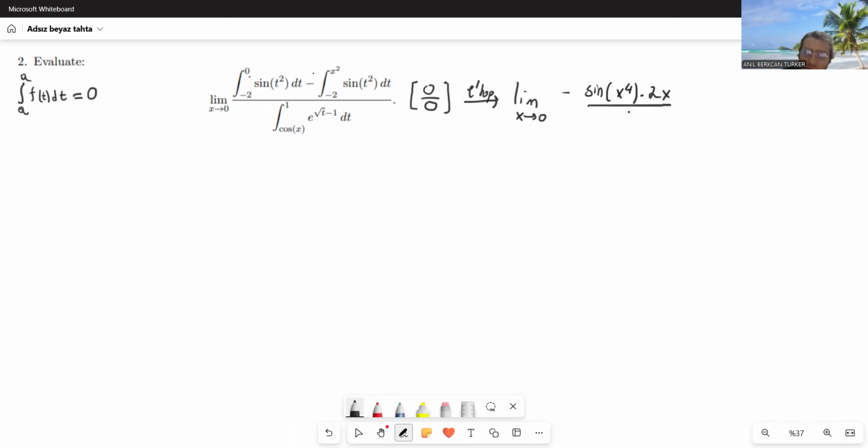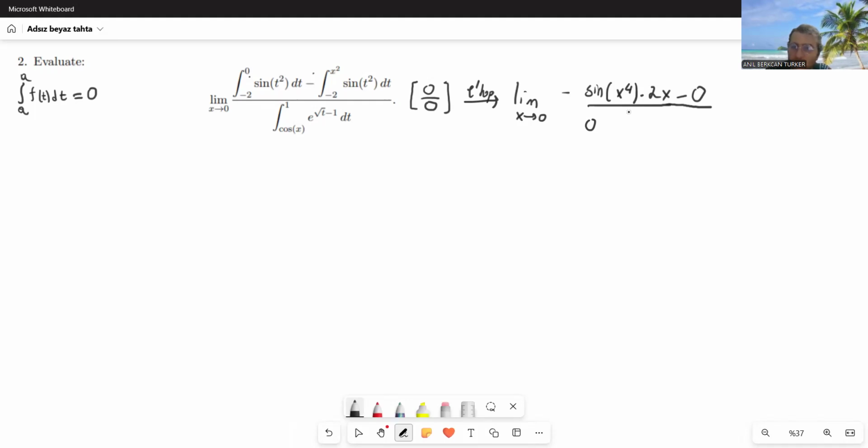Divided by, let's apply the same thing. Minus, because the first boundary will be vanishing, right? So I can also write minus 0 over 0, which will be the first boundary when you take the derivative.